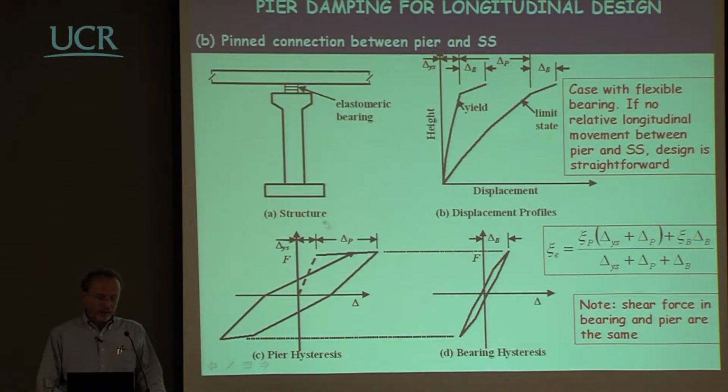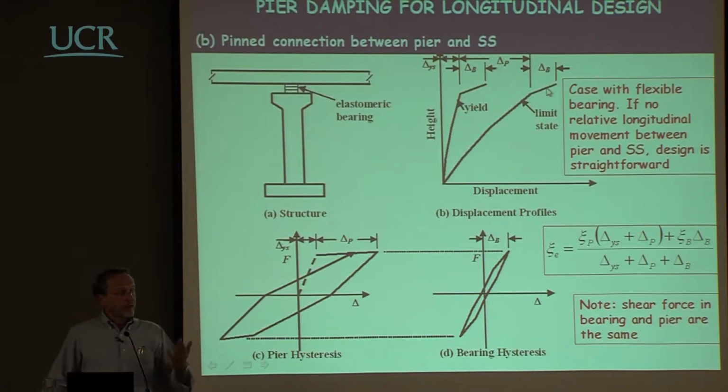And therefore, if you were looking at this structure as a whole, all the nonlinear behavior was in the pier. So you were combining a nonlinear response with dissipation in the pier, and you were having some linear response at the bearing level. And you could see the same thing looking at the fact that this displacement here, which is the displacement at this level, remains the same.